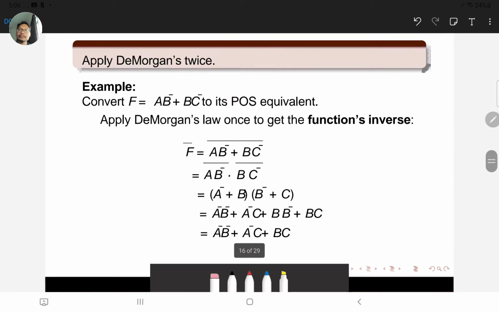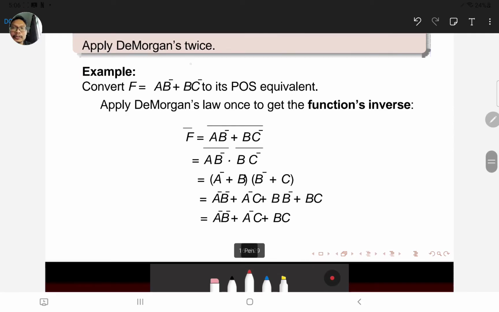How to convert SOP to POS form? What we do is apply De Morgan's law to get the inverse, and then we have to invert back. For example, f is given by this Boolean equation, AB bar plus BC bar, and we are going to put a bar on the top, so the whole thing is barred. Using De Morgan's theorem, we can split it out.